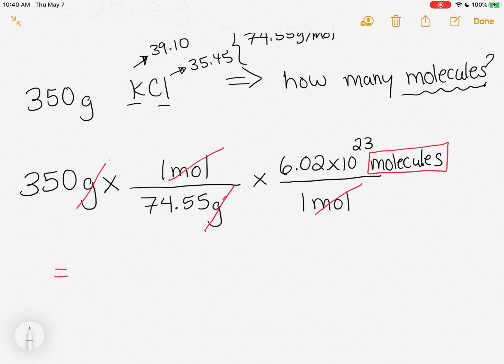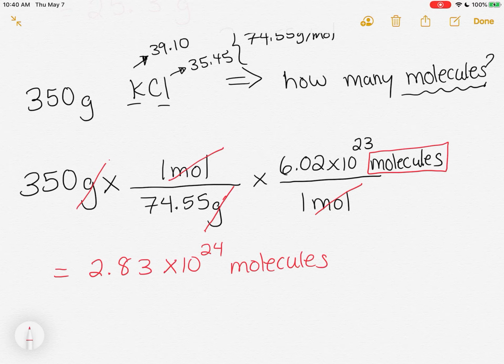So when I go ahead and do that math, my 350 is divided by 74.55, and then multiplied by my 6.02 times 10 to the 23. So I end up with 2.83 times 10 to the 24 molecules of my potassium chloride.